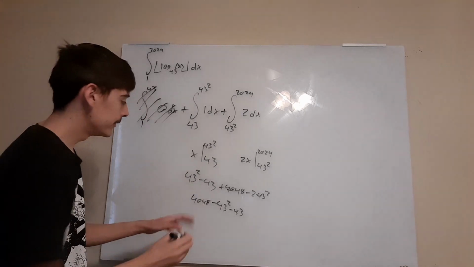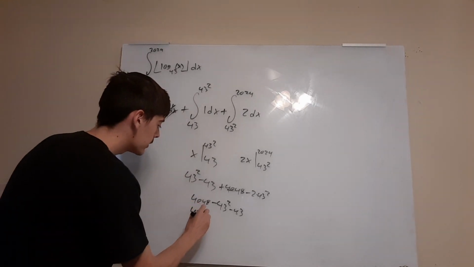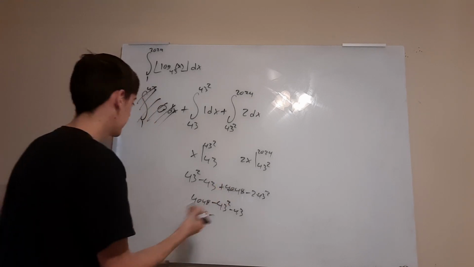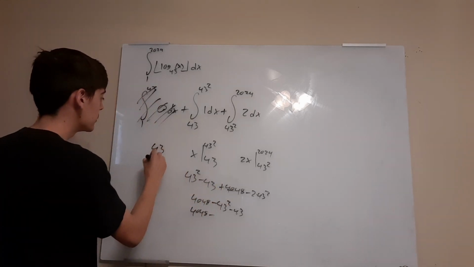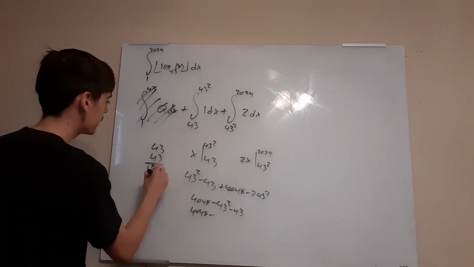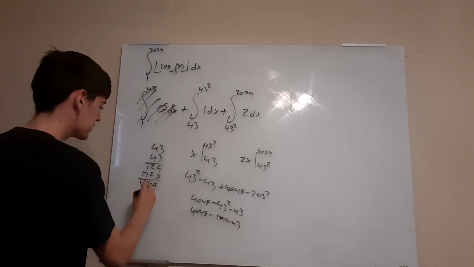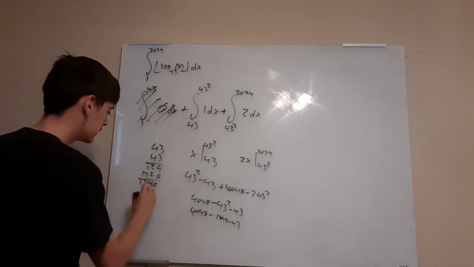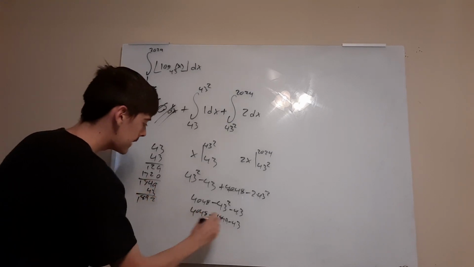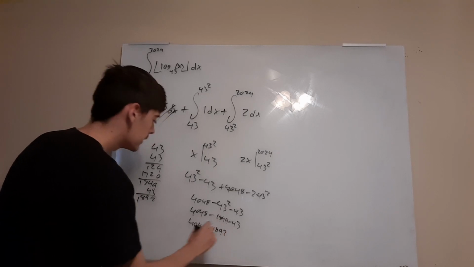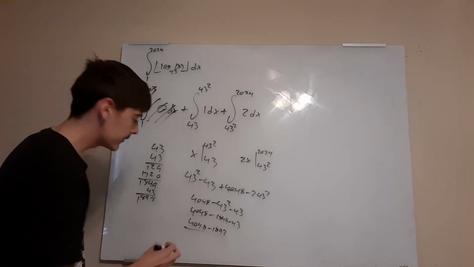This is going to be a lot of longer math. 4048 minus, I already forgot, I had this written down earlier. So this part's just long math. Minus 1849 minus 43. So I'm just going to add these two parts together. This is the same as 4048 minus 1892. And subtracting these will give us our final answer.